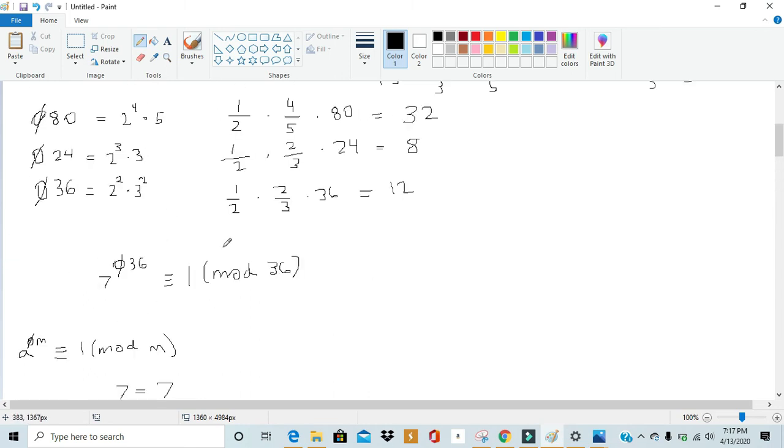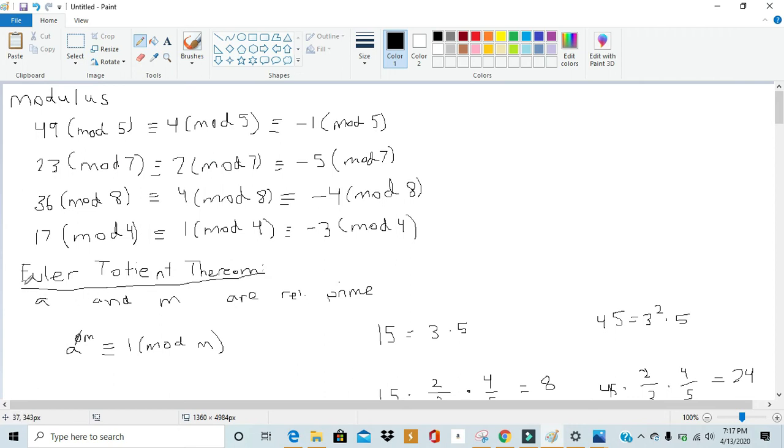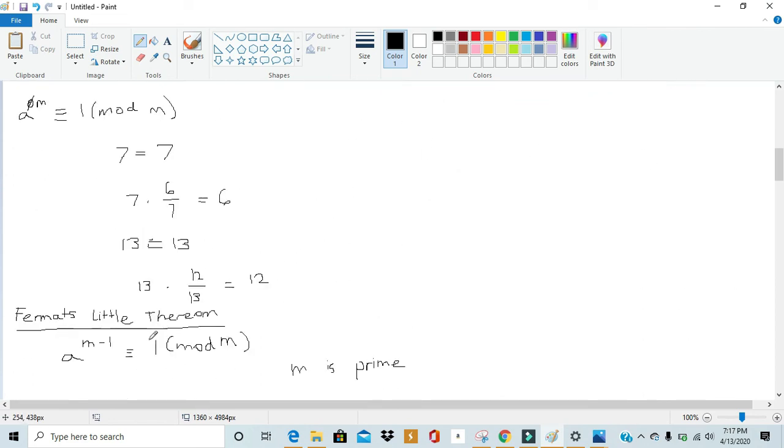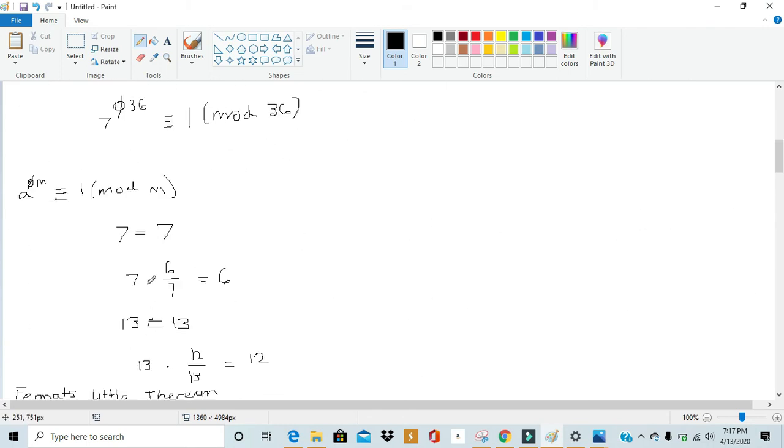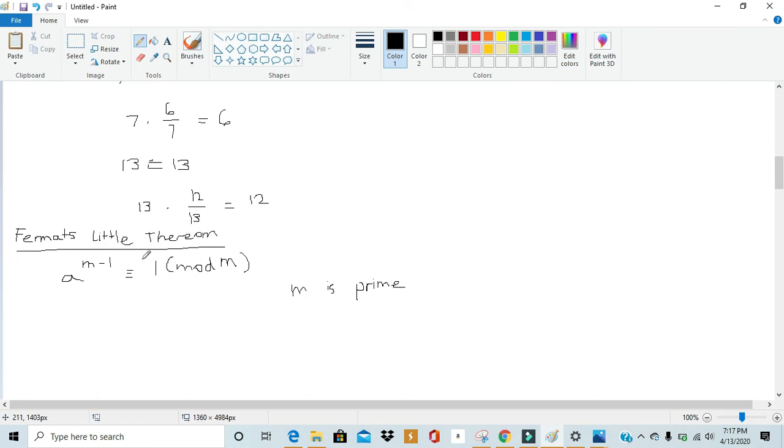If you can only remember one though, you should probably remember Euler's Totient theorem, because just applying it where m is prime, we're going to get Fermat's little theorem. So we see that Euler's Totient theorem and Fermat's little theorem are both connected with one another.